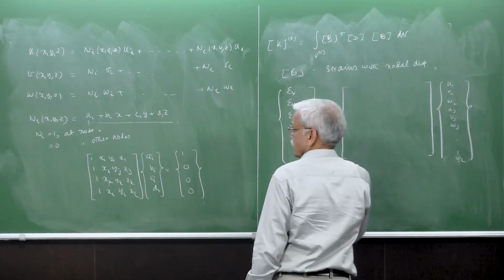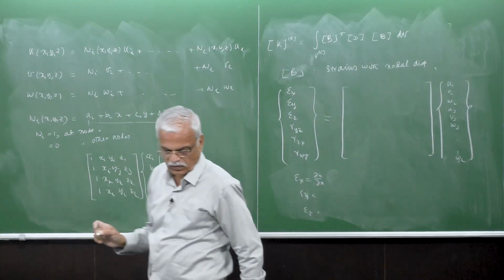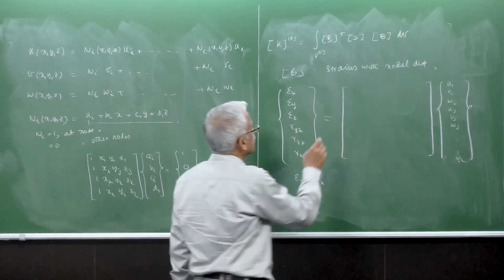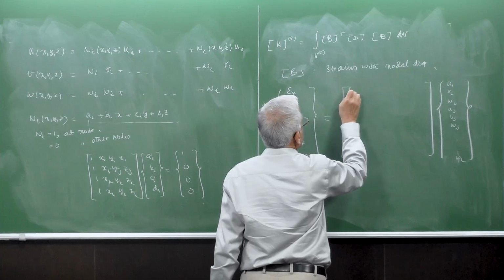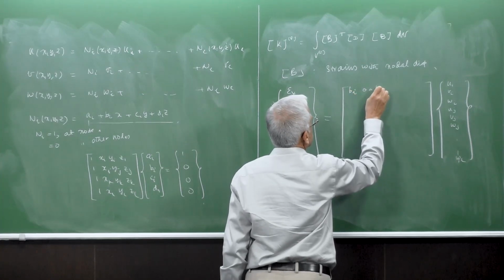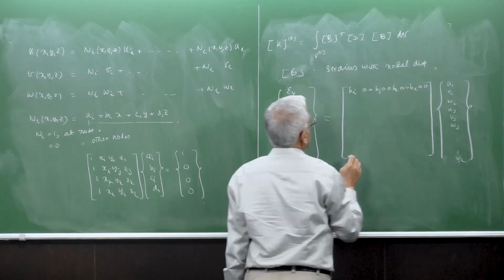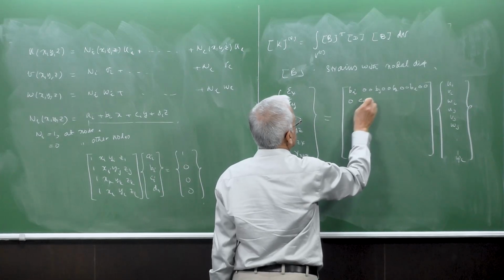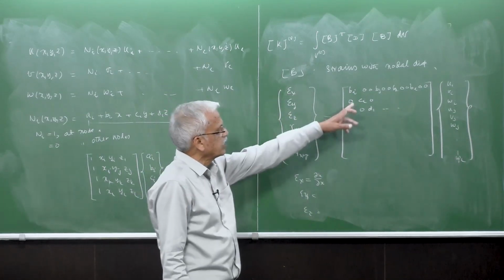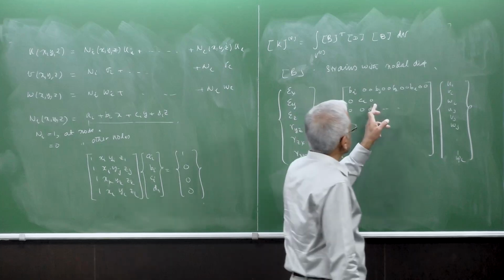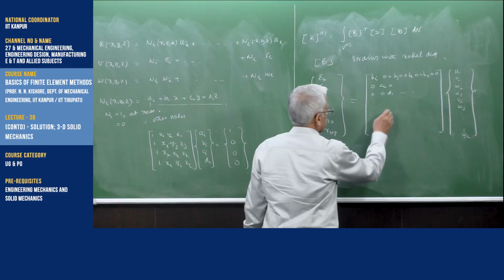If that is the case, just extending our 2D concept, this simply becomes, if you go back to this one, the derivative with x will be bi here. So it is bi 0 0, bj 0 0, bk 0 0, and bl. Similarly ci 0, and this is di. So these are all functions of coordinates, bi, bj, bk, which we get from here, and this is the B matrix.